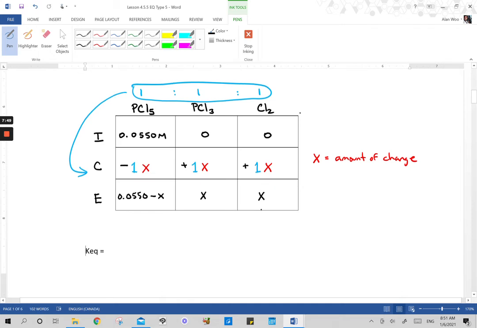So now we need to write out our KQ expression. Now, we are actually given the KQ value in our question. So the given value of KQ is 0.600, and that is going to equal our products, so PCl3 times Cl2 over the concentration of PCl5.